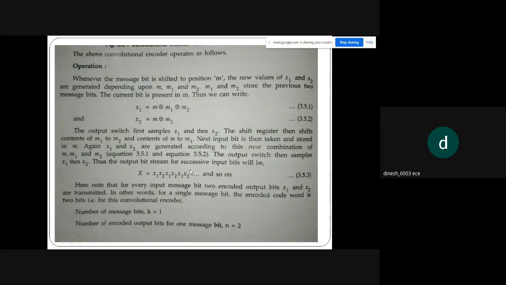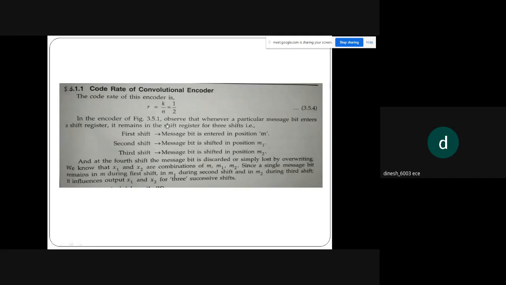In the first shift, the message bit enters M. In the second shift, it enters M1. In the third shift, it enters M2. So we have 3 successive shifts for this information to move out of the encoder. So 3 shifts are required.